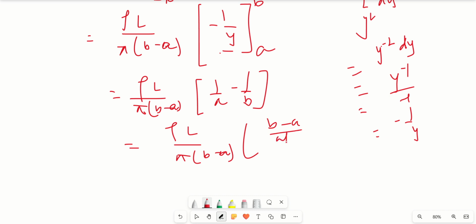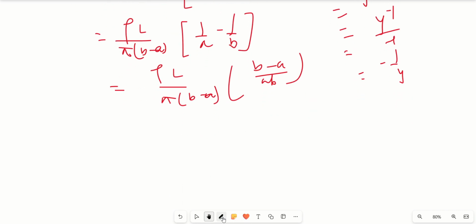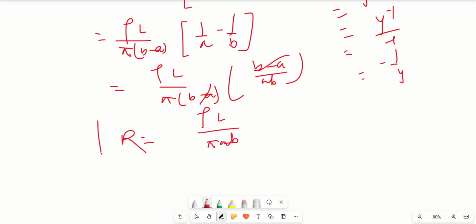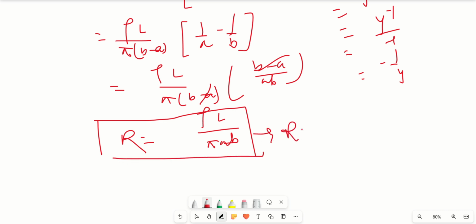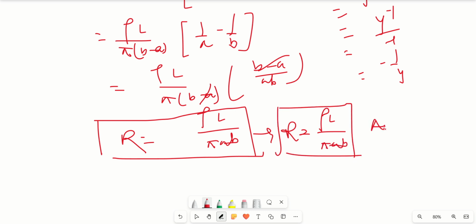We can cancel b minus a, b minus a, and we get rho L by pi ab. This will be the answer. Let me write it clearly, R equals rho L by pi ab. Fine, this is the answer.